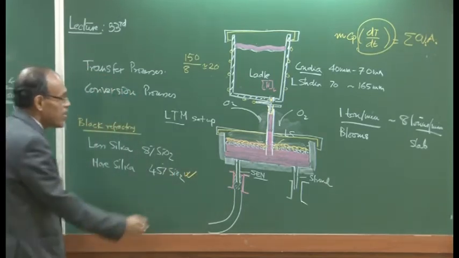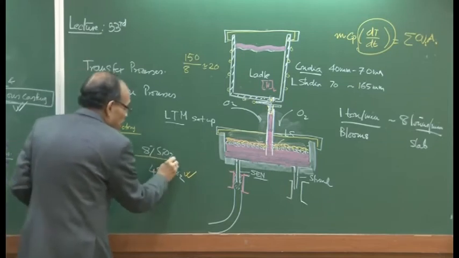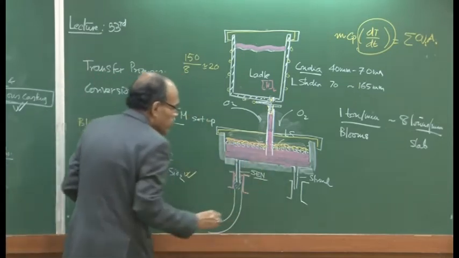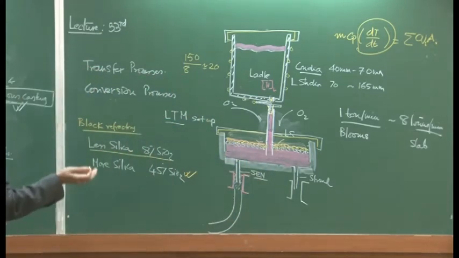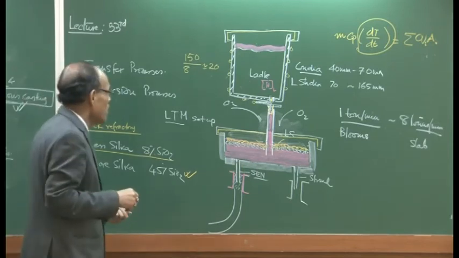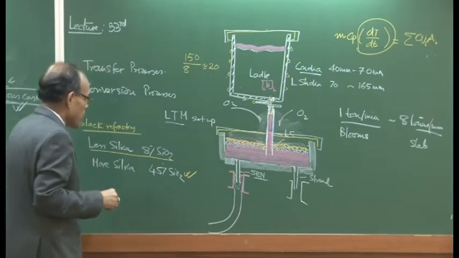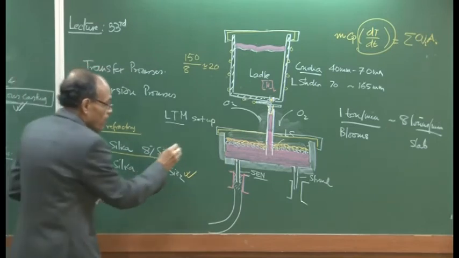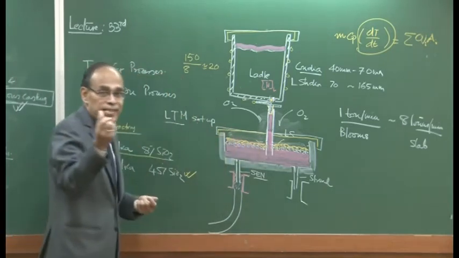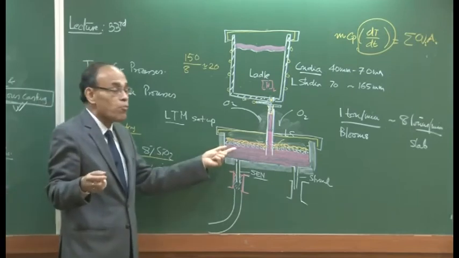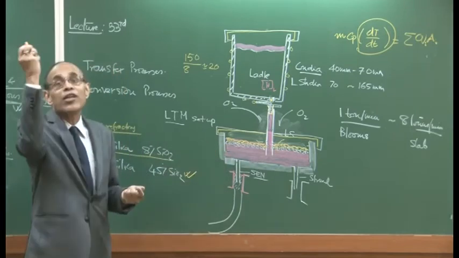On the other hand, for the low silica powder, I think Spartek is the name of one such powder, which is used as a trademark. This powder melts and forms what is known as an inclusion absorbing slag.